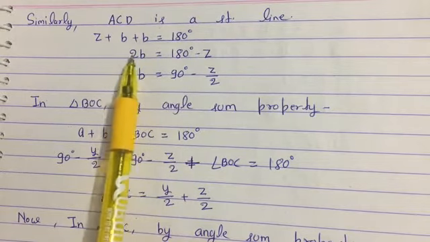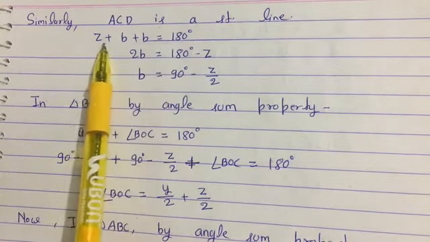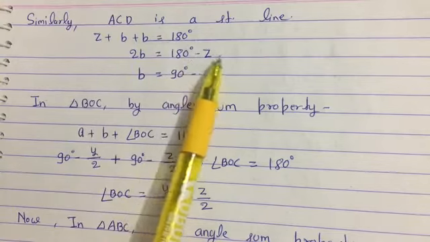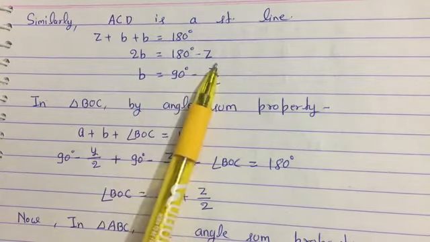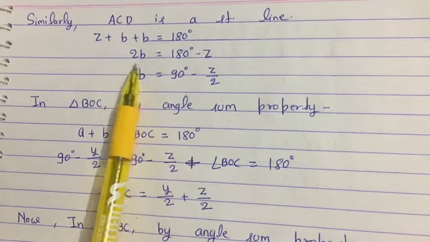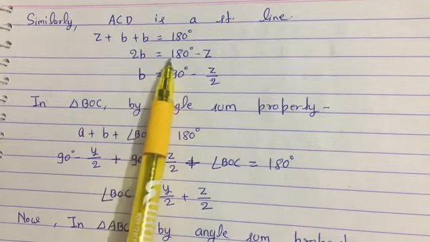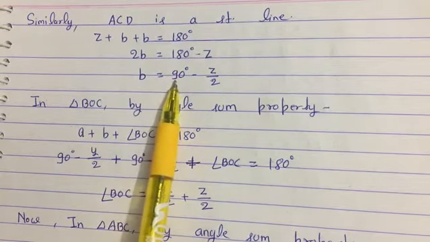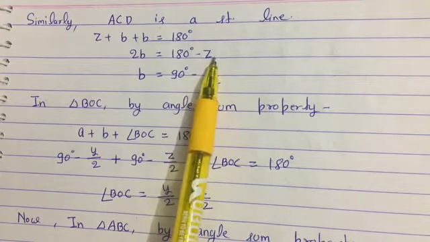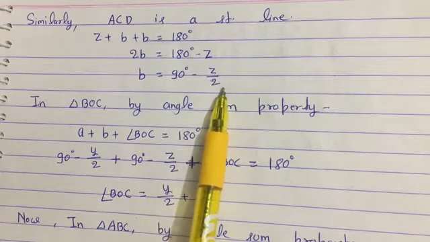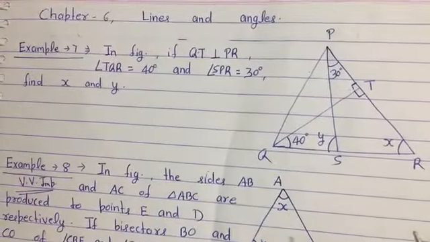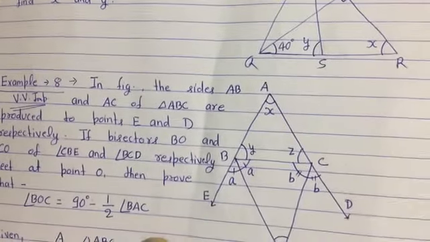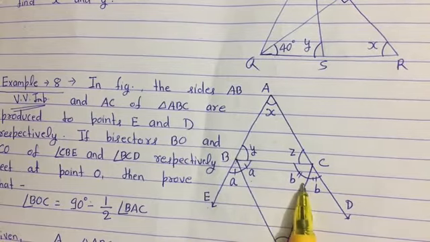This b plus b, 2b is equal to 180, and z transferred to this side, minus z, and now divide the whole equation by 2. 2b divided by 2 is equal to b. 180 divided by 2 is 90, minus z divided by 2, this is z by 2. Okay, here we have two values, value of a and value of b.